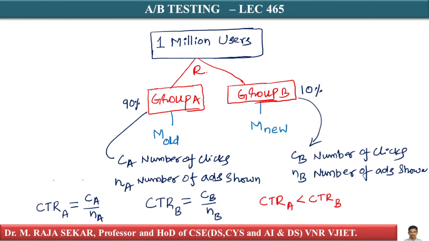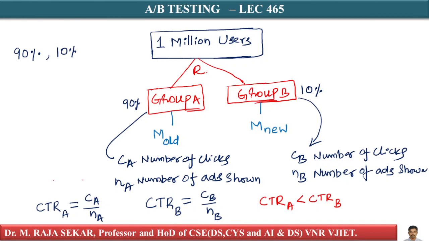If CTR of A is less than CTR of B, and I run this experiment on multiple days, let's assume I run it on day 1 and got CTR of A less than CTR of B, and I run it on day 2, same thing, and so on and so forth, then I know that my model MNew is better at predicting which ads to go to which user, because I'm getting more clicks, which means I'm generating more money.